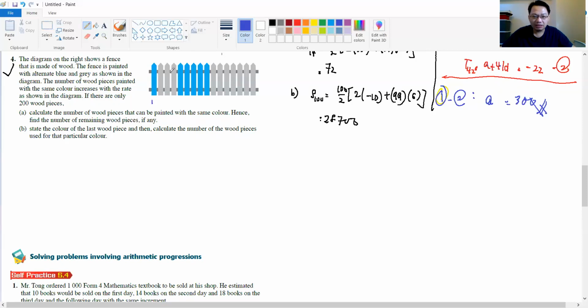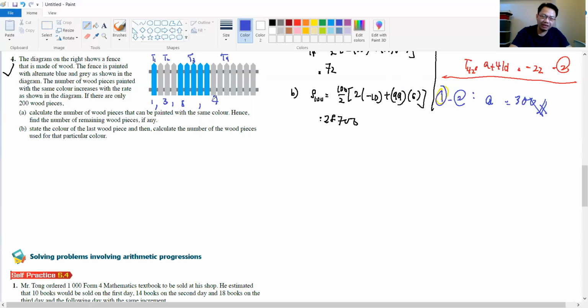This is the first term, blue color. The second term, this is E1, this is E2, it's the gray color, but we got 3. And the third term here, we got 1, 2, 3, 4, 5. And the fourth term here, we got 1, 2, 3, 4, 5, 6, 7. You see the pattern? That's the sequence.